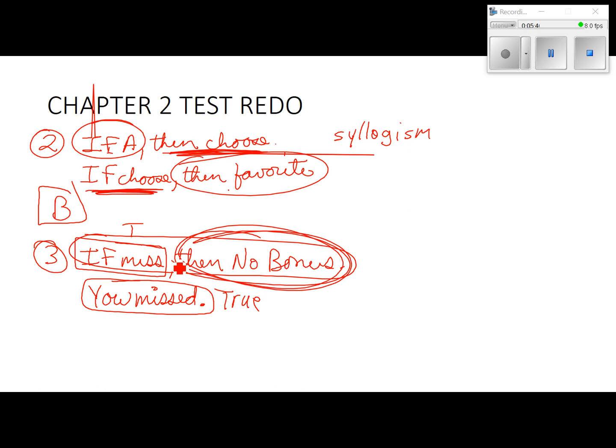So what we can decide from this is that you get no bonus. And that's the law of detachment, which was letter A. I'm probably not going to tell you the correct letter every problem, so just look at it and fill it in with the correct letter each time.